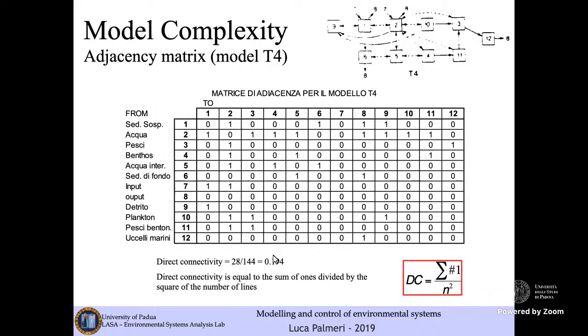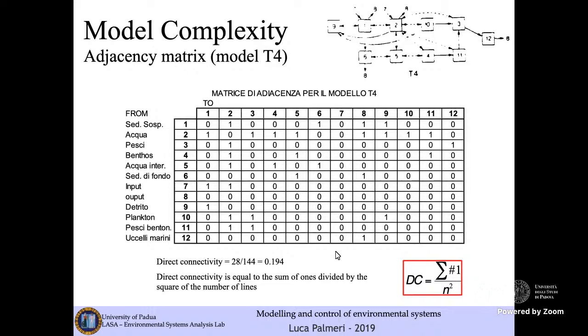Direct connectivity is equal to the sum of the ones appearing in the adjacency matrix divided by the square of the number of lines or columns, because this is a square matrix. Okay, so the first indicator of complexity of a model is the adjacency matrix.